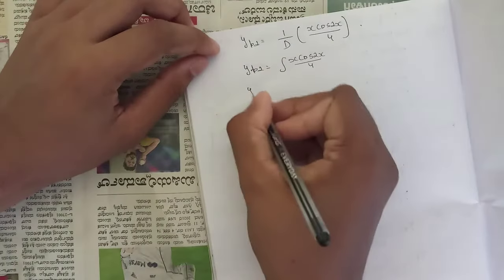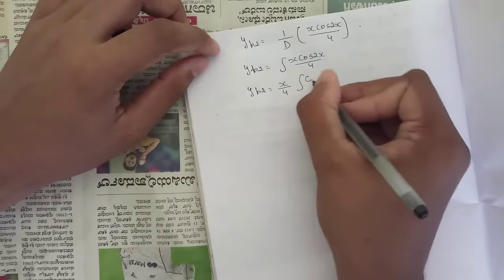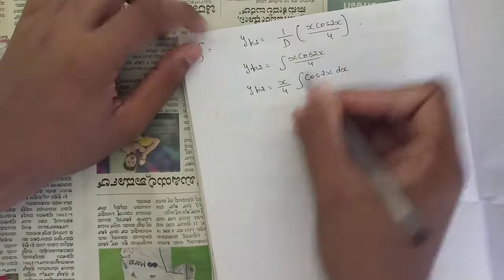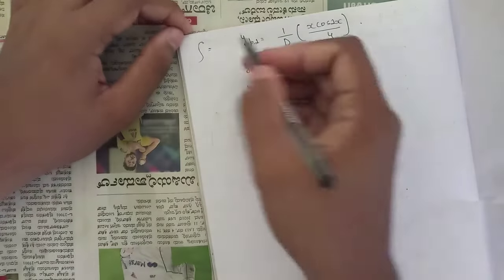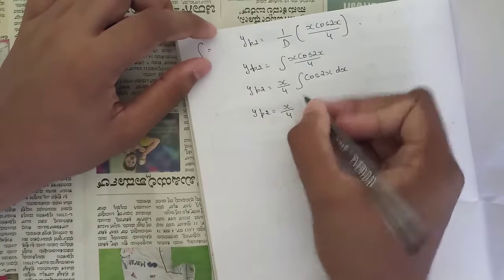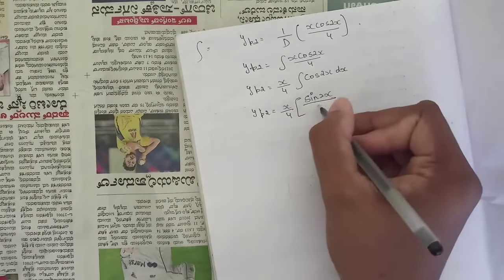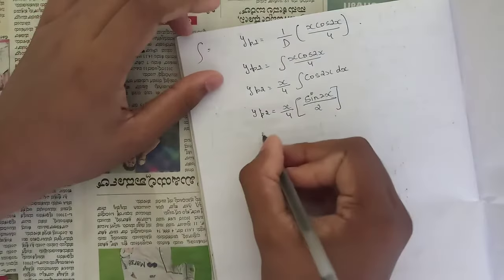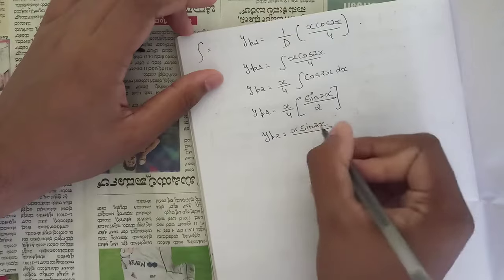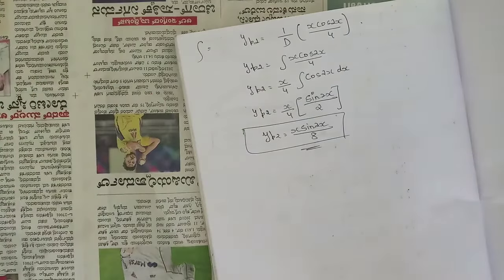Here we can take x by 4 common outside and integrate cos 2x dx. So we can write it as x by 4 into the integral of cos 2x, which is sin 2x divided by the coefficient of x, that is 2. So the final yp2 we get is x sin 2x divided by 4 into 2 is 8. This is your final yp2.